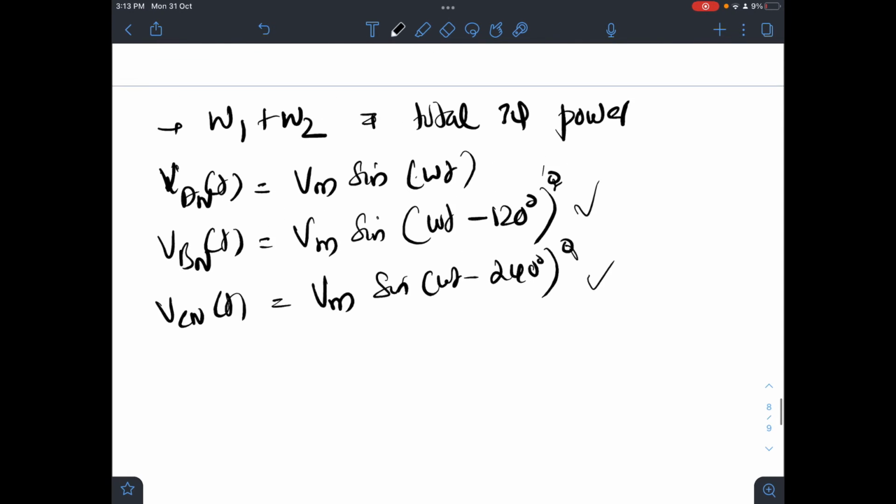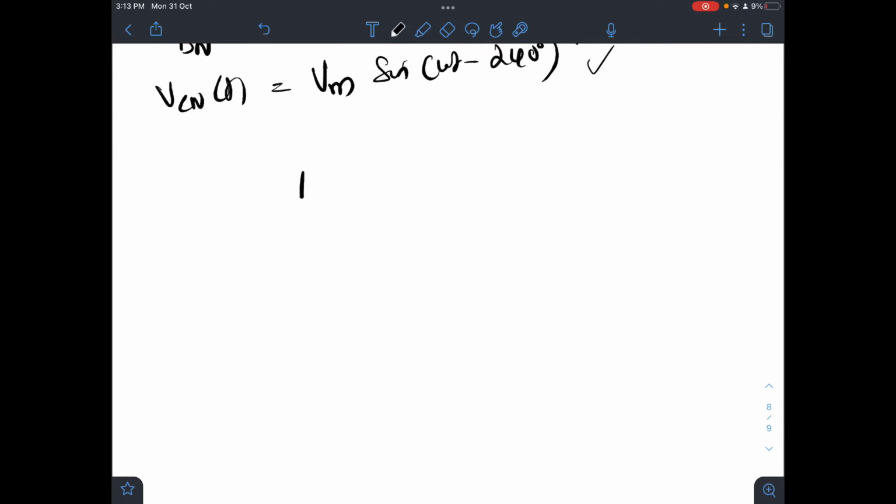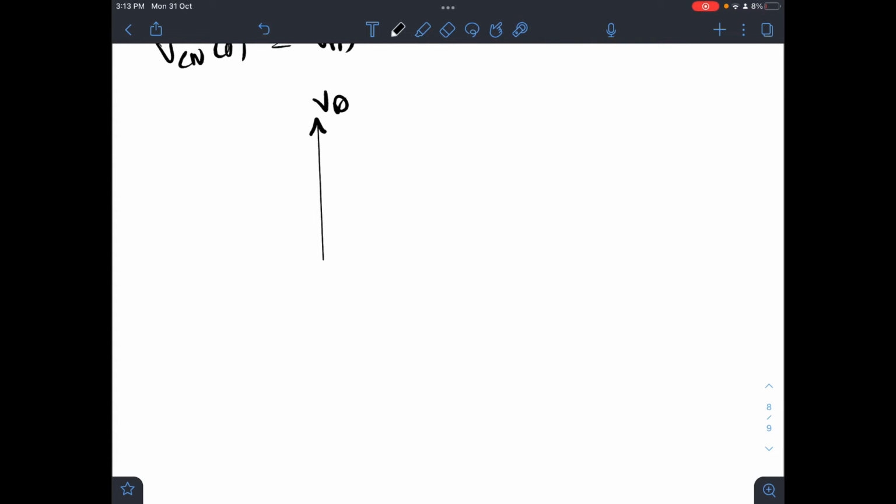Now, if we represent that in the phasor domain, I am going to draw VA like this. Then from VA, at negative 120 degrees, I will have my B phase.